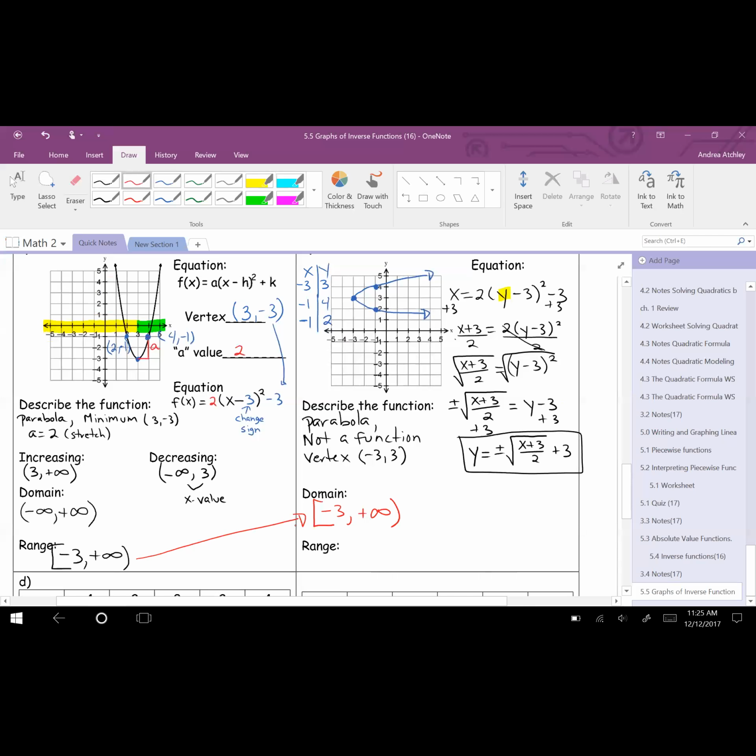And they do match, so we did a good job. The range is up and down. So how far up and how far down should this go? Okay. Negative infinity, it's going to go down forever, and it's also going to go up forever. Or again, we could say all real numbers. How are we doing?